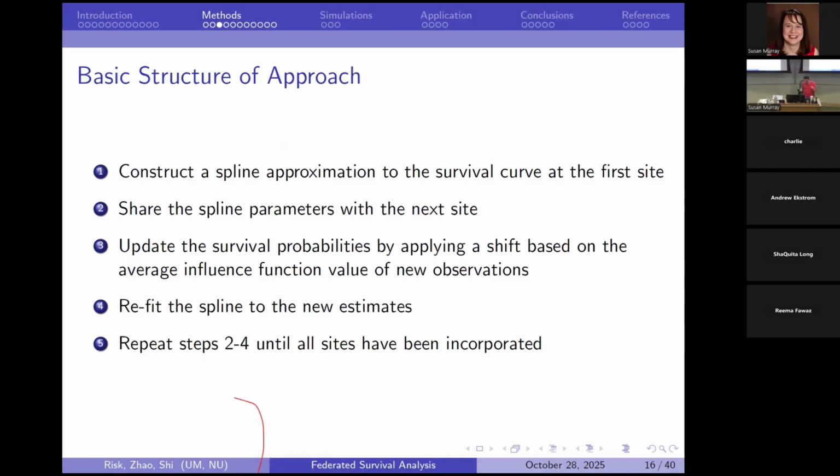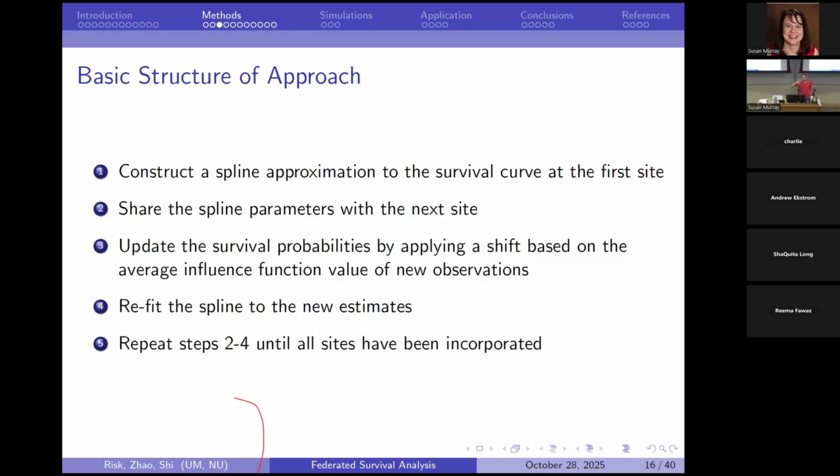So this is a point where if you were being nitpicky, you might ask me, okay, Malcolm, you're doing a spline approximation. Why aren't you just doing parametric estimation anyway? Wouldn't that be much easier? And I think the big advantage of our approach is it really does capture the non-parametric flavor, because even if the first site is relatively small and we can't fit a super complicated spline approximation, in this approach, we can actually make that spline approximation more complicated as we go on.